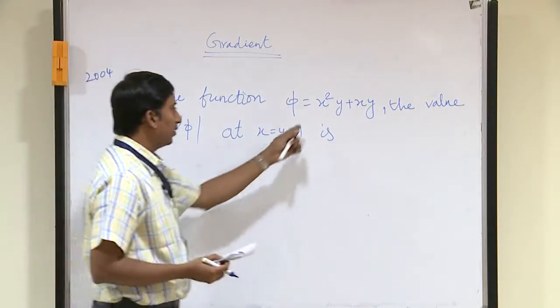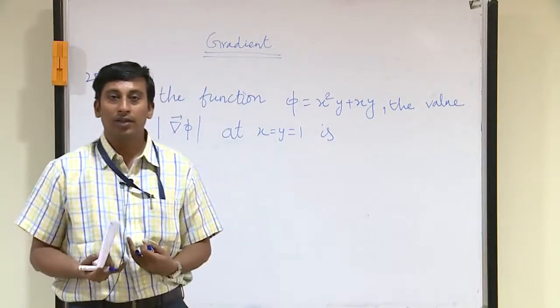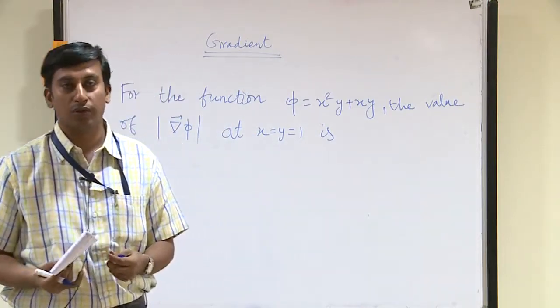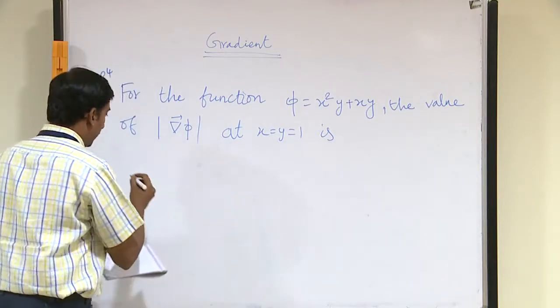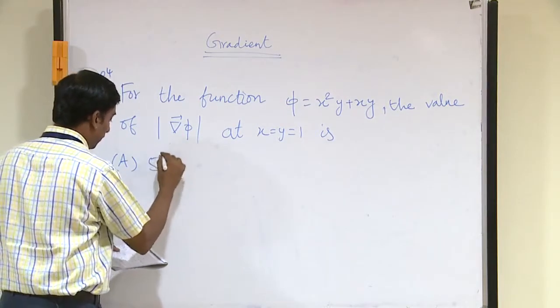How many scalar variables do we have now? A function of how many variables? 2 variables. So what are the answers given?